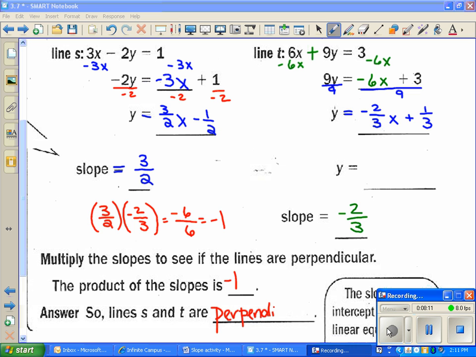But you didn't have to multiply it if you noticed that they are opposite reciprocals. Okay, you're more than welcome to do that. But opposite reciprocals are key in recognizing which lines are perpendicular. And you only care about the slope.